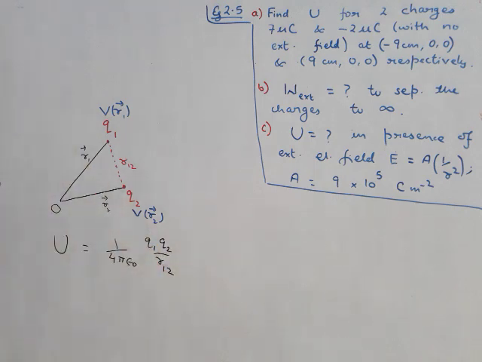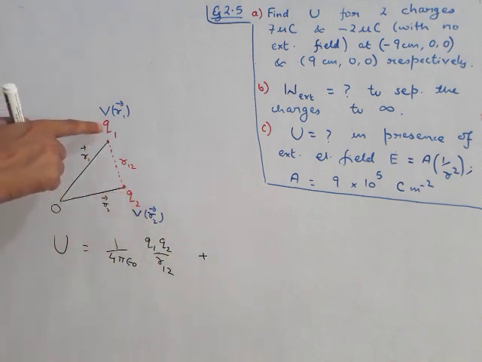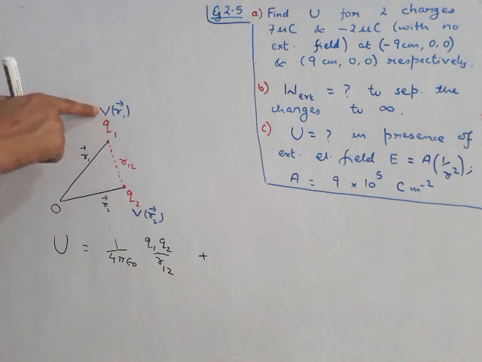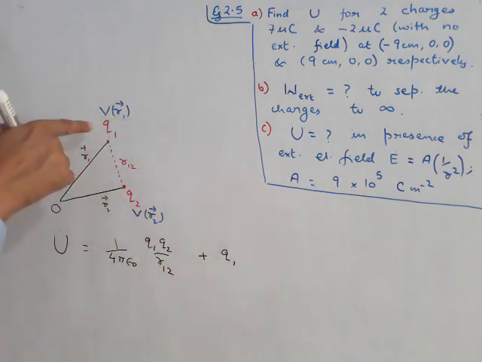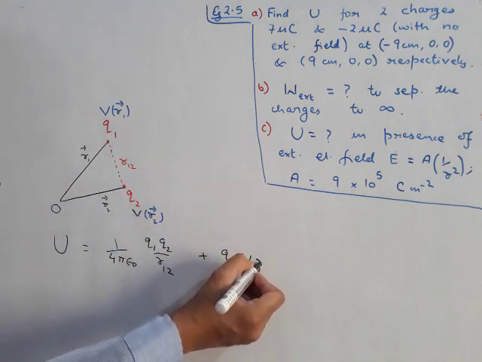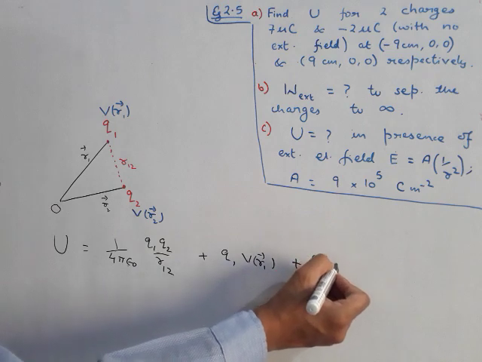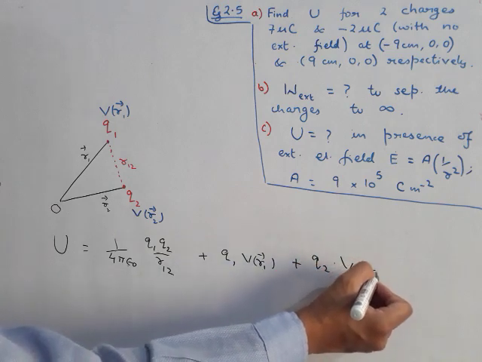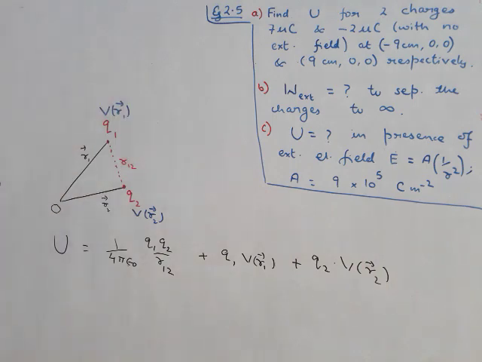The other two terms were due to the presence of these charges in the external potential or field, given as q1 multiplied by the potential at that point, that is V(r1) vector, plus the third term, q2 multiplied by the potential at that point, that is V(r2) vector. So this was the total potential energy.